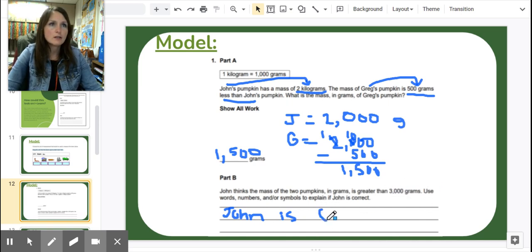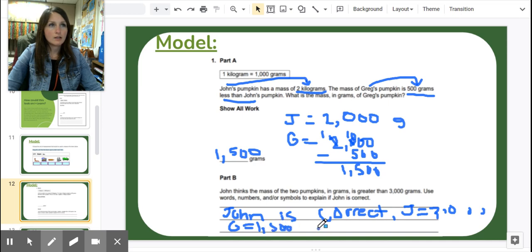So that means that's more than 3,000. So John is correct. Now, how do I know he's correct? It says I need to use words, numbers, and or symbols. Well, I can say John's pumpkin equals 2,000. Greg's pumpkin equals 1,500.